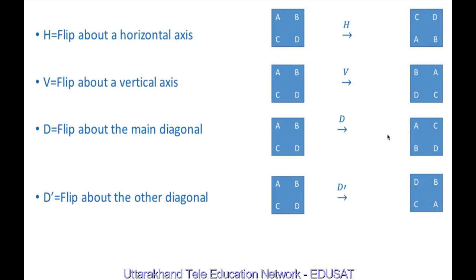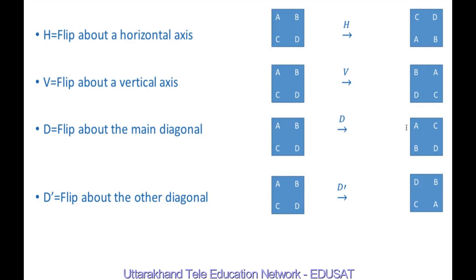Notice one thing: if we again flip this about the horizontal axis, we will get this square, which was our initial position. And if we flip it about the vertical axis again, we will get the initial position.